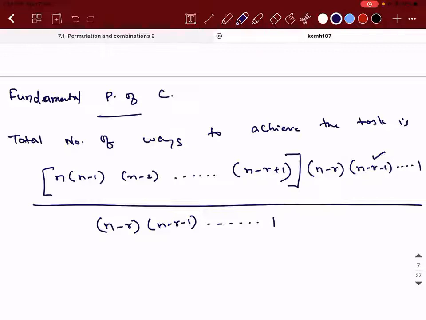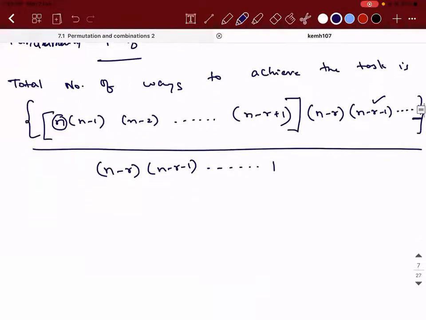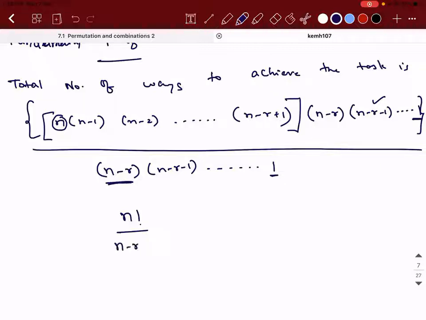Yes, sir. So if I start something with n and end with 1, decreasing the value by 1, then what is this whole thing put together called? N factorial. It is n factorial divided by, I start something with n minus R, keep decreasing the value by 1, and I land at 1, n minus R factorial.